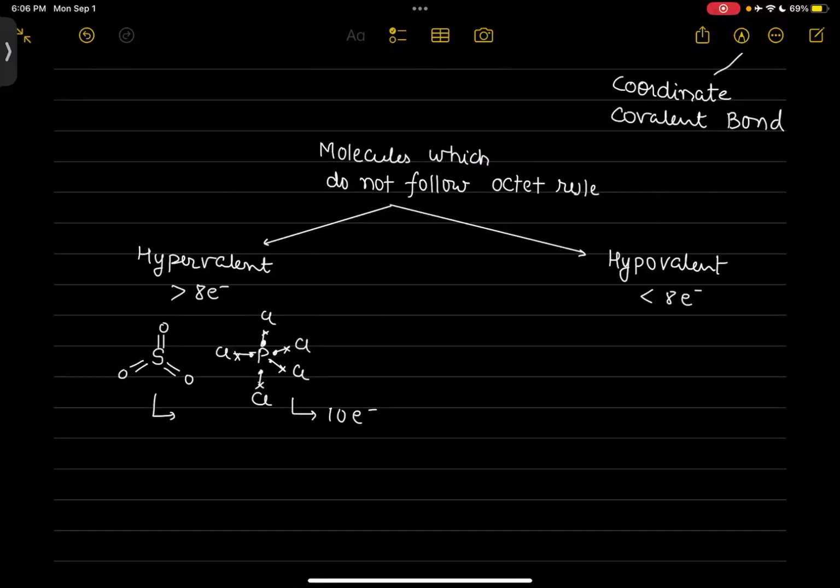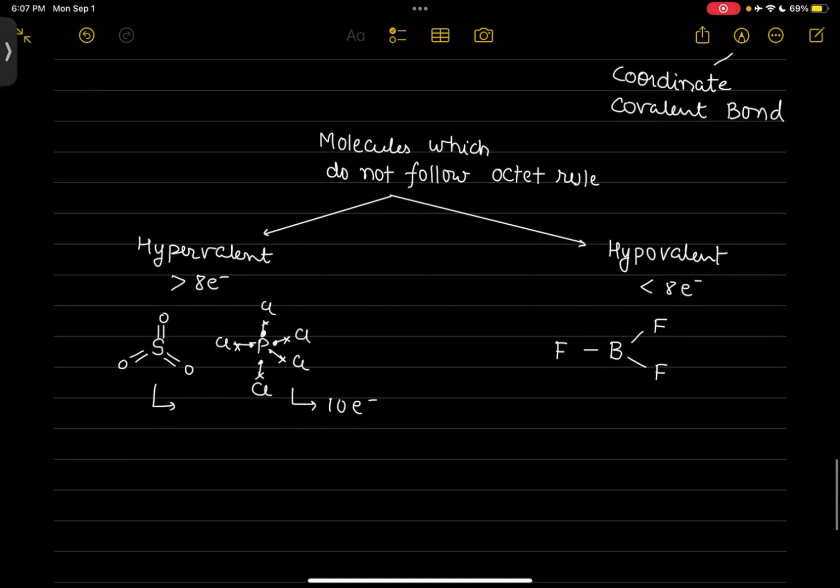Hypovalent is, for example, BF3. Boron is the fifth element, so 3 valence electrons are there. It is going to form 3 bonds, right? BF3. Is it clear? Yes, sir. How many electrons total after bond formation, of the covalent bonds?